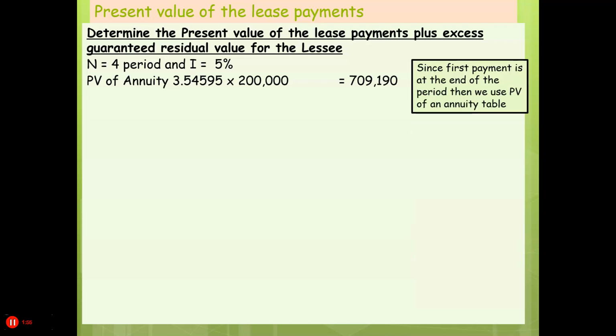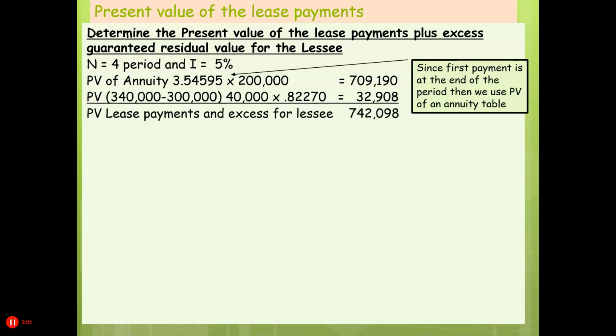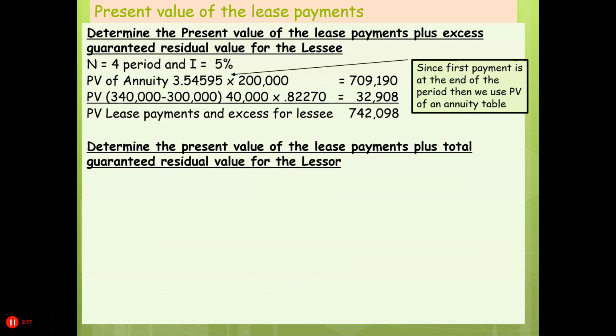Since first payment is at the end of the period, again, we're using present value of an annuity. And the present value of the excess over what the value will be at the end of its life, which is $40,000, times the present value factor of a lump sum. So that gives the present value of the lease payments and excess for the lessee.